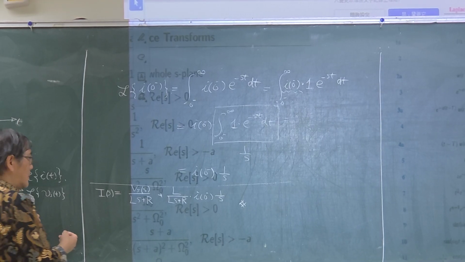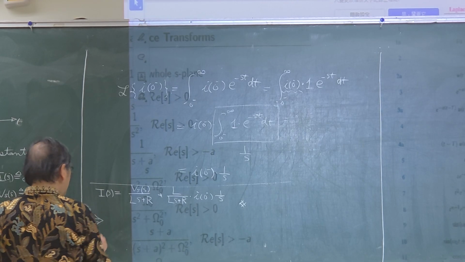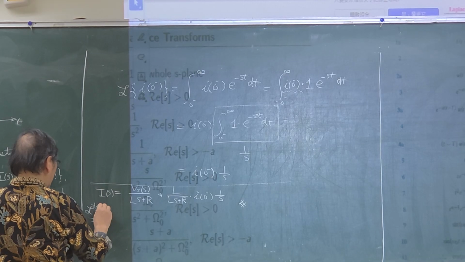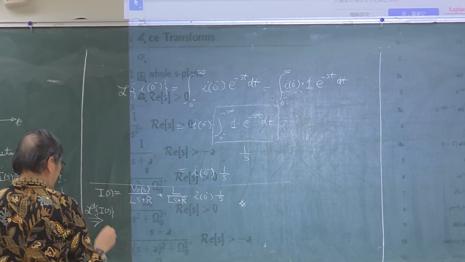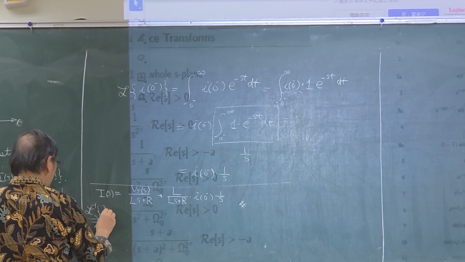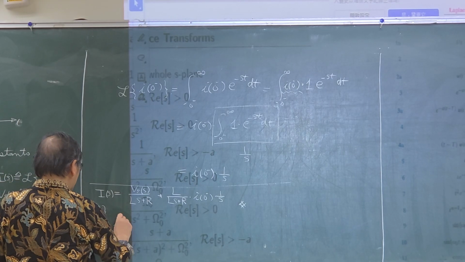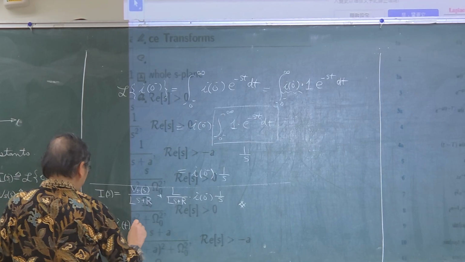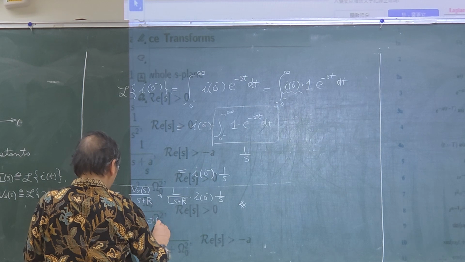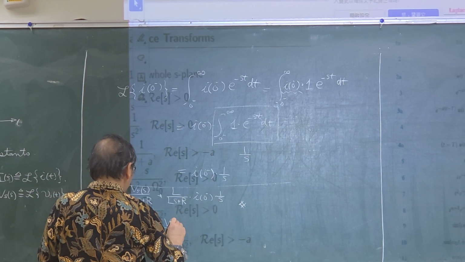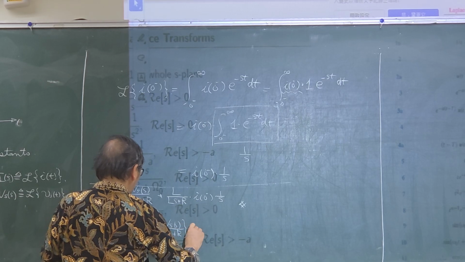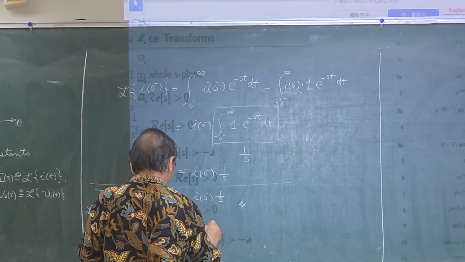Okay? So if I want to determine the solution in time domain, I take the inverse Laplace transform over the entire equation. So the left-hand side is simply the current, but in time domain now. And the right-hand side, I have to take the inverse Laplace transform over the entire function.